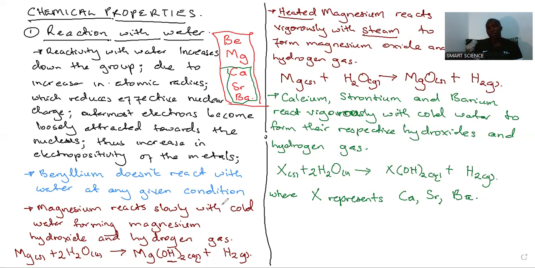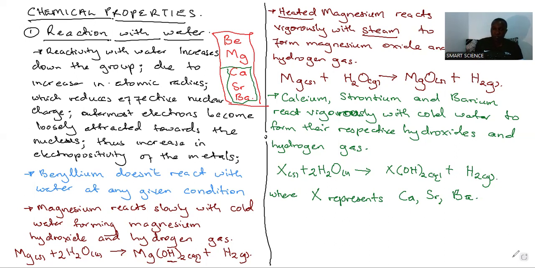So the activity of these elements with water will depend on electropositivity, the ease to release the outermost electrons so that they can behave as reducing agents. Definitely, that is property number 1.